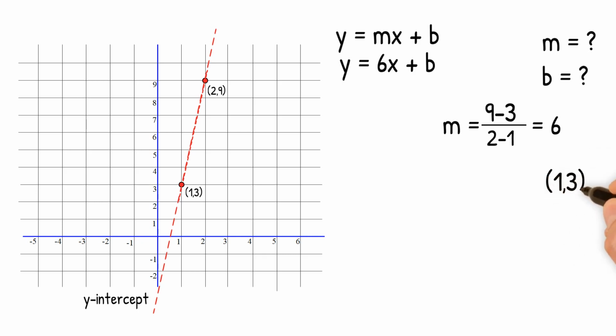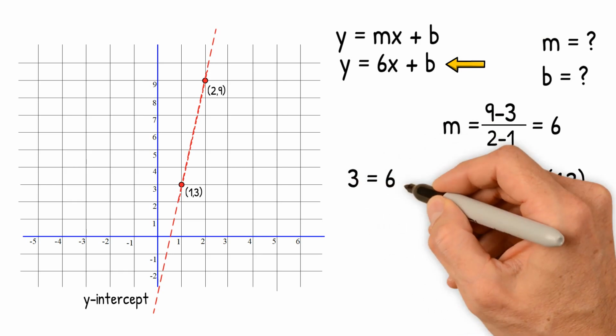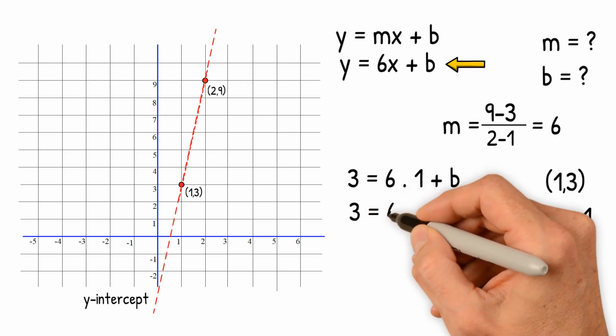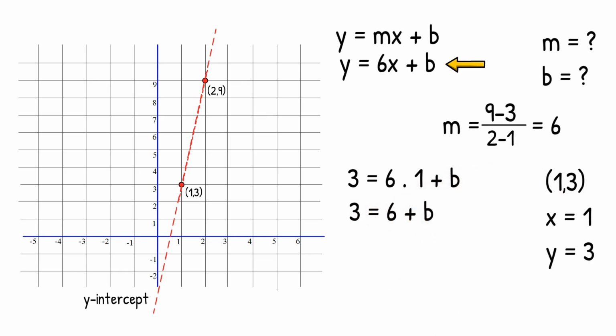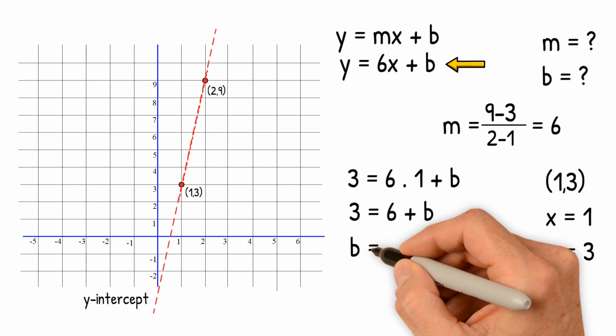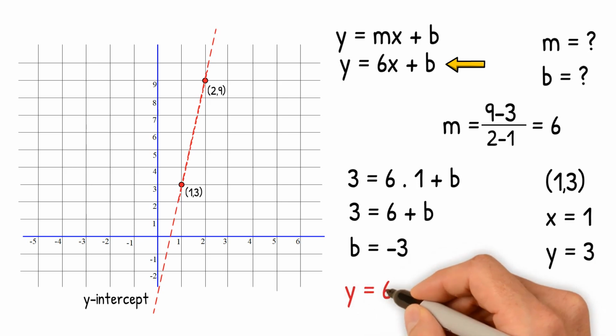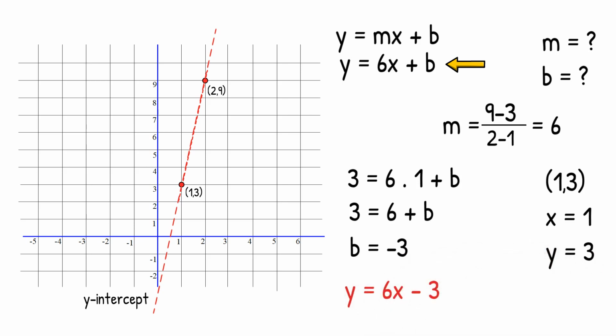We know that 1, 3 is a point on this line, so when x equals 1, y equals 3. Substitute those numbers into the equation y equals 6x plus b, and we get 3 equals 6 times 1 plus b, so that 3 equals 6 plus b. Solving for b, subtracting 6 from each side, we get b equals negative 3. Therefore, the equation of this line is y equals 6x minus 3.